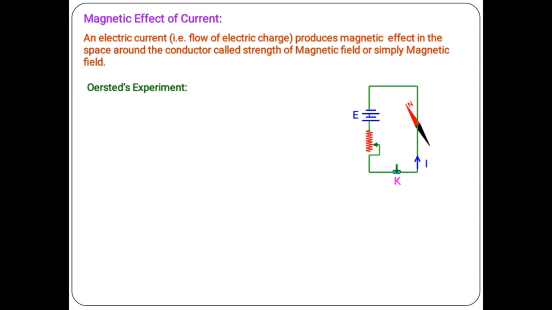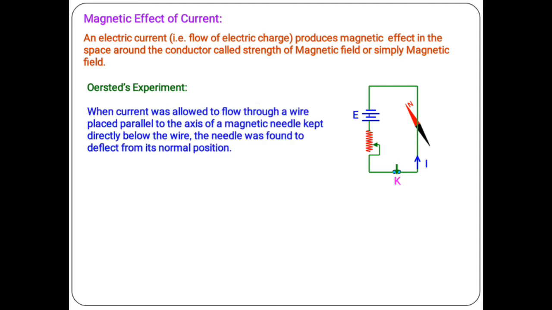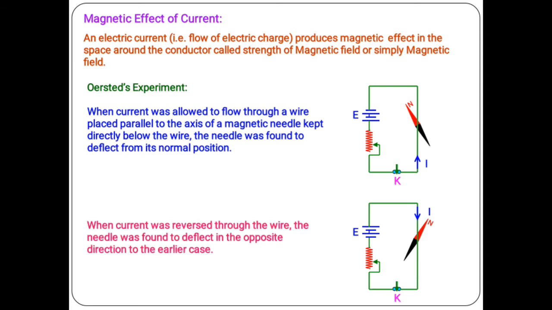At the same time, if you reverse the current, if you pass the current in the opposite direction, from north to south, the same needle will be deflected to the right side, that is towards the east. These are the observations made by Oersted. We can again do it by experiment.